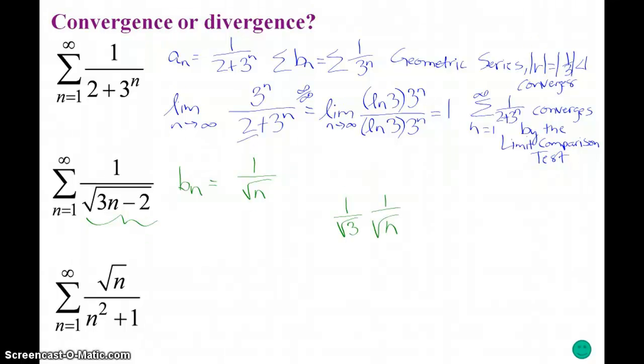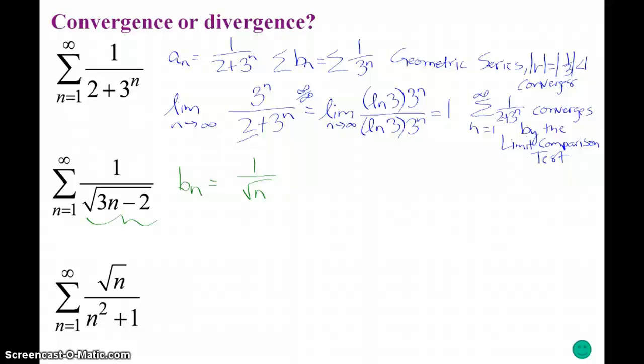I'm realizing that any real number value that's multiplied by a nth term in a series plays no role whatsoever in convergence and divergence. So what I'm doing is I'm getting it out of the way. It's gone.